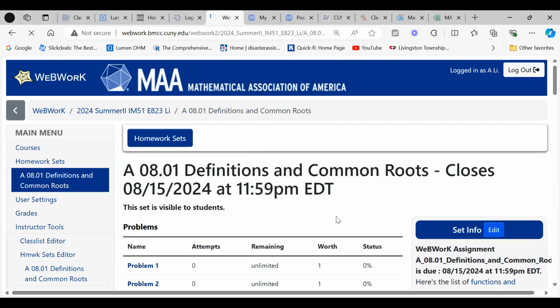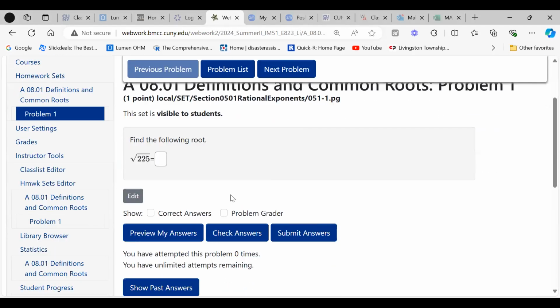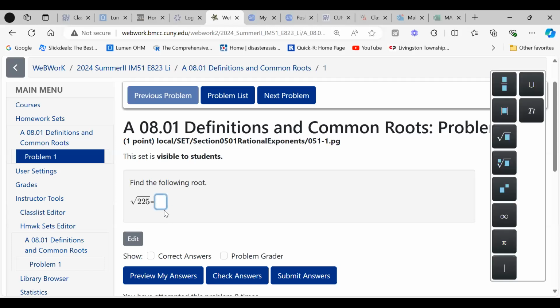The definition of common roots. Okay, question 1. Let's simplify this. Anybody have an answer for this? What is the square root of 225? No, nobody knows. Okay, so the answer is 15.